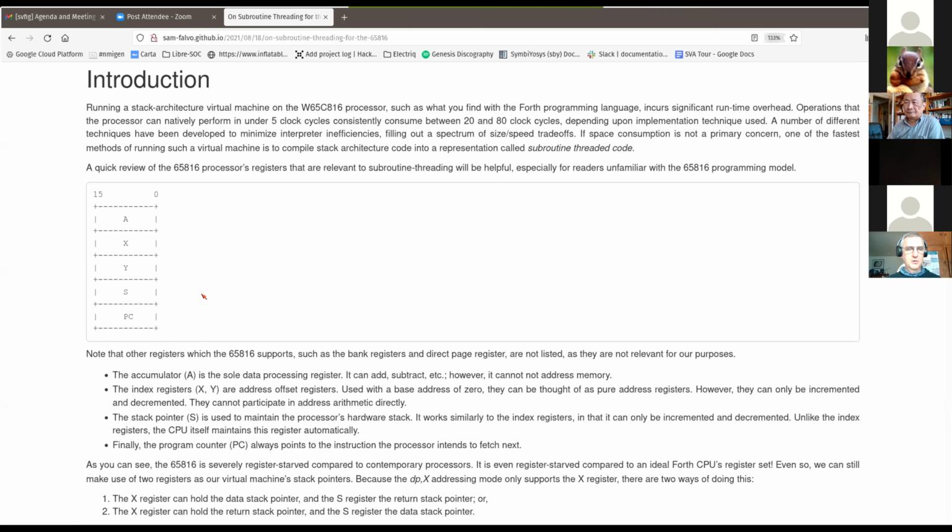If you look at internet sources, all the subroutine threading examples follow the same recipe of implementation.